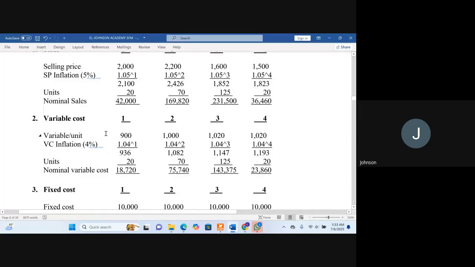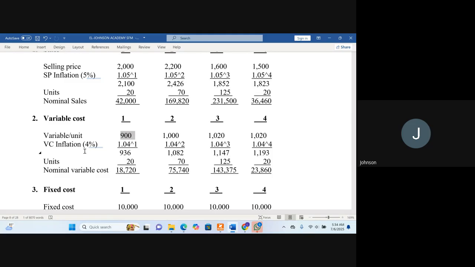Our variable cost for year one per unit is 900. Now the inflation rate is 4%. So we say 100 plus 4, making it 104, divided by 100.